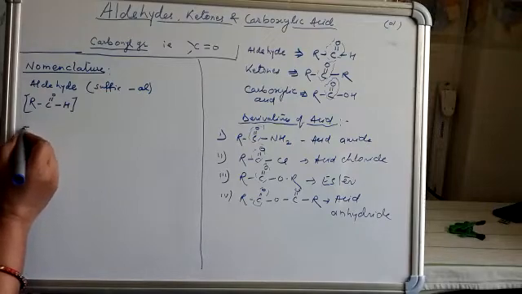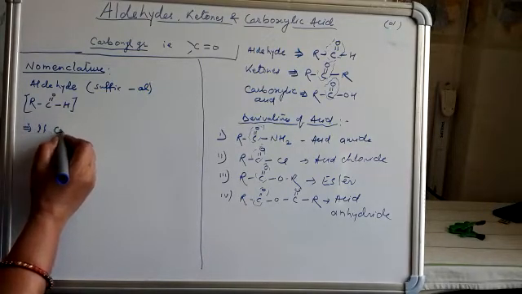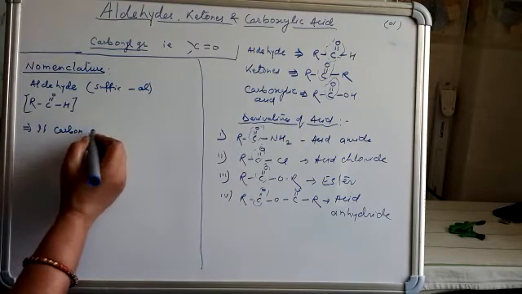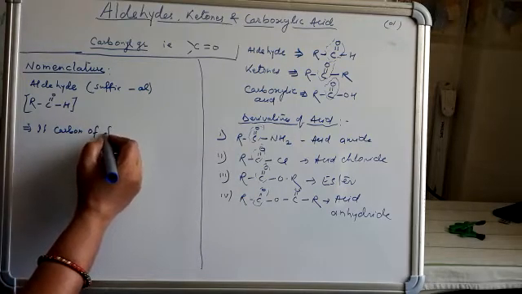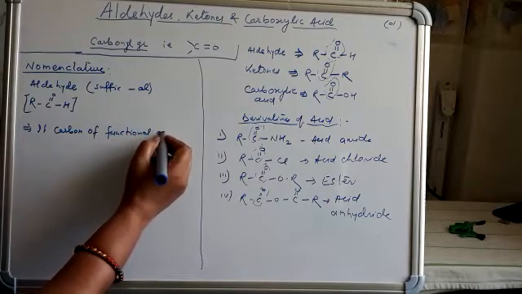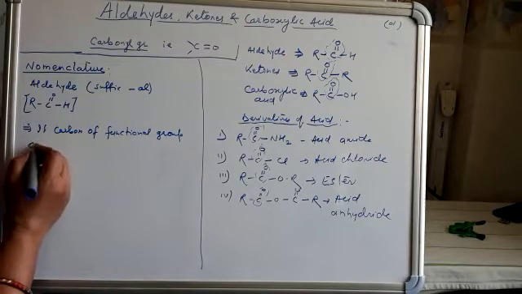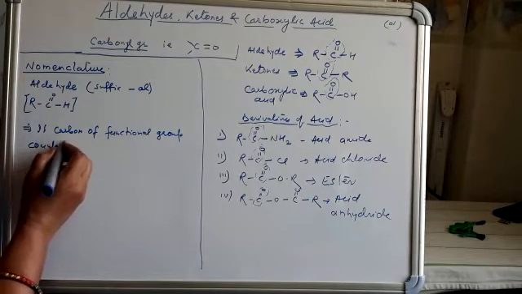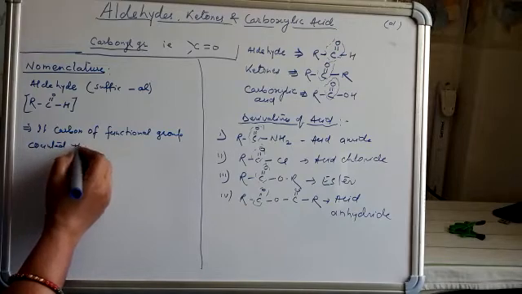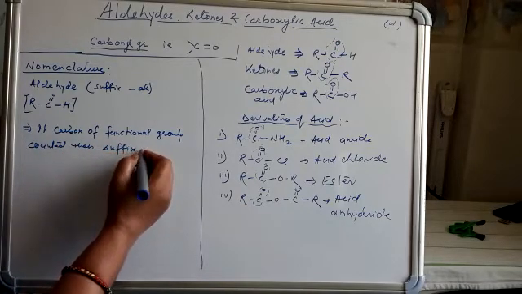Write down the important point first. If the carbon of the functional group is counted, we use the suffix al.